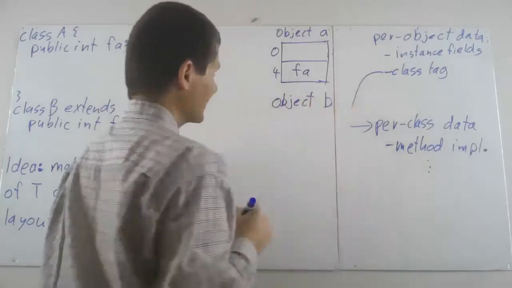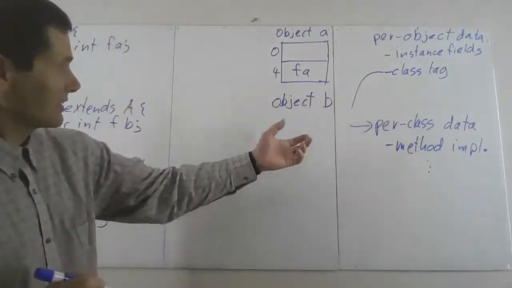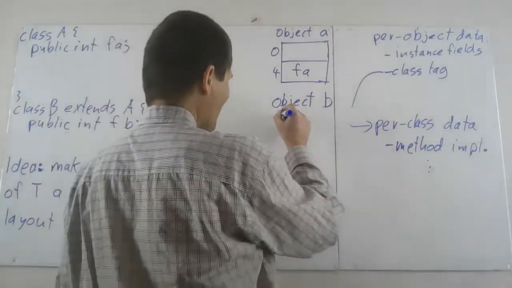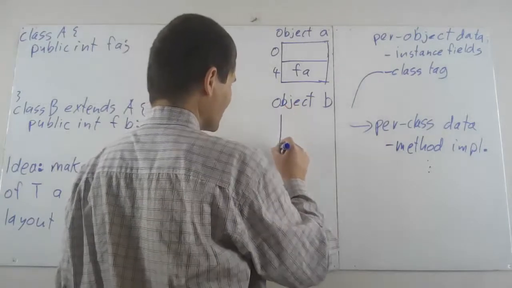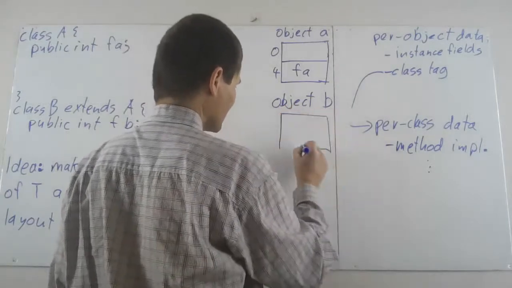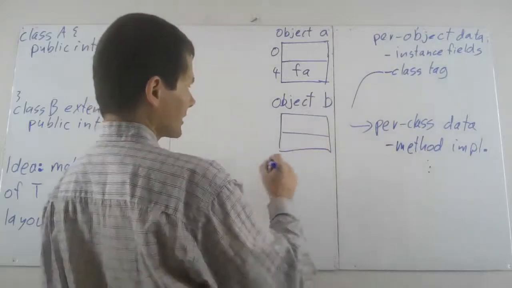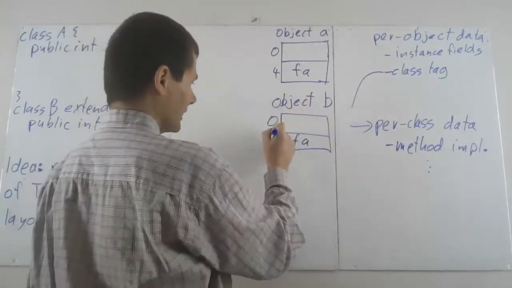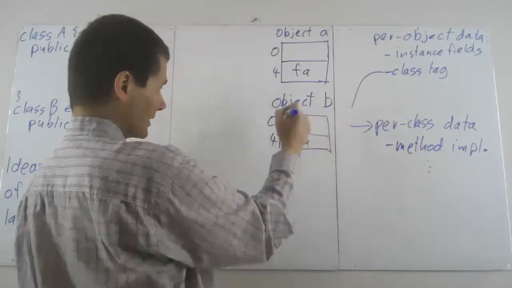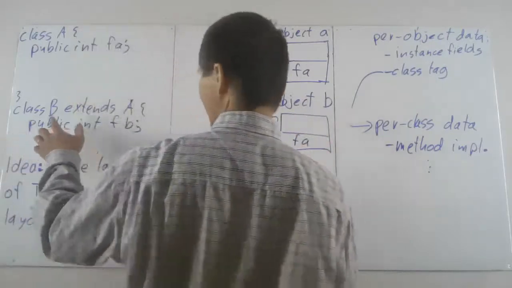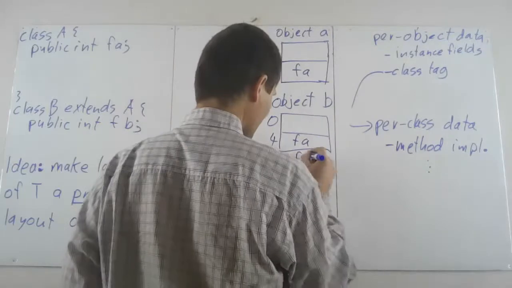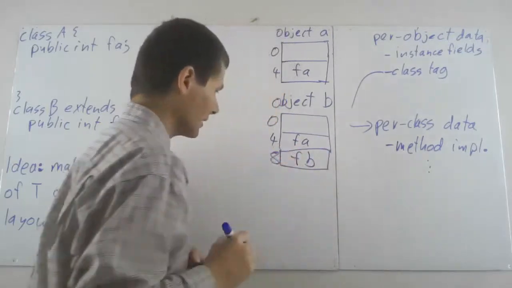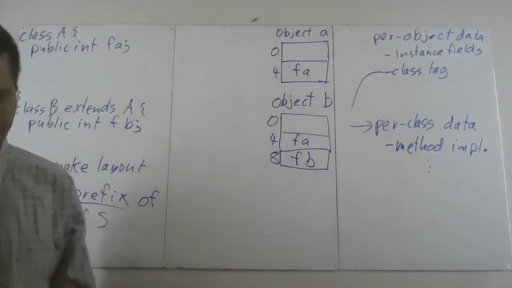If I have an object little b of class big B, I want to lay it out so that a prefix of it is the same layout as an object of class A. So I'll have that reserved field and then the field FA, but now class B has an extra field FB, so I'll have FB here at offset 8.